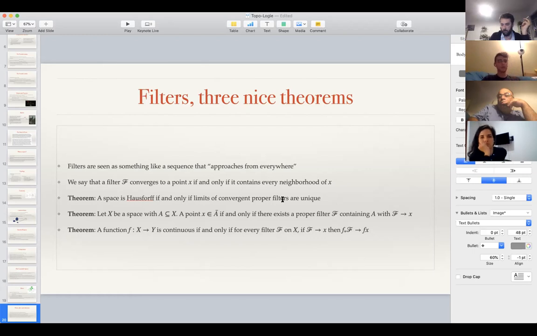It characterizes Hausdorff spaces. Another one: if we have X, a space with a subset A, we can know if a point is in the closure of A. We're going to say it's in the closure if and only if there exists a proper filter containing A that converges to that point.